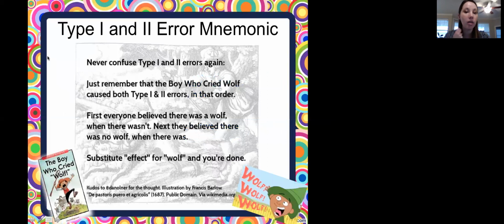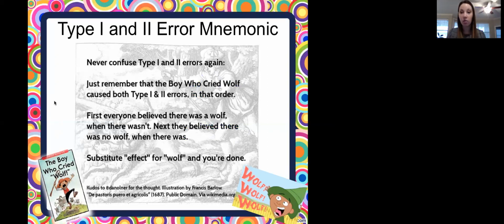So here is a good way to remember the difference between type 1 and type 2 errors. If you've heard the story of the boy who cried wolf, he caused type 1 and type 2 errors in that order. First, everyone believed there was a wolf when there wasn't. Next, they believed there was no wolf when there was. So you substitute effect for wolf and you're done. At first, the townspeople believed there was an effect.